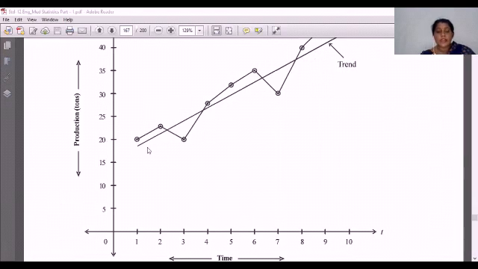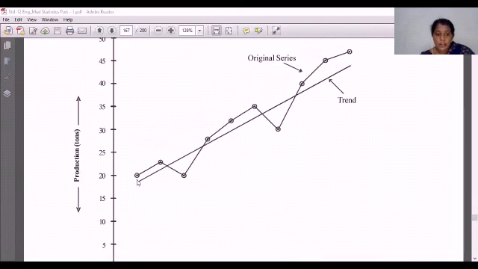This is what they were saying in the limitations, that the curves are always in a different way. Some students draw a straight line, some might use a U shape covering all these points. The main thing for drawing this trend line is that it should cover almost all the points.